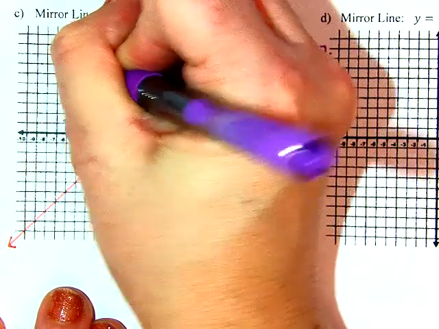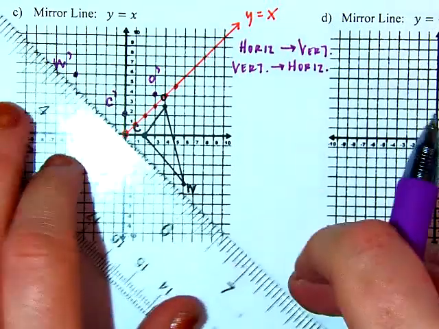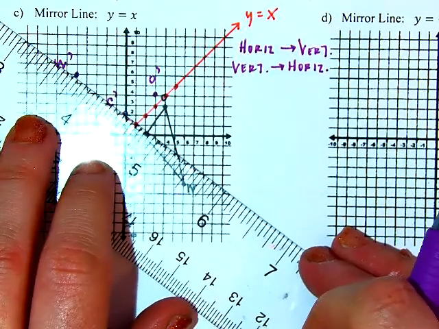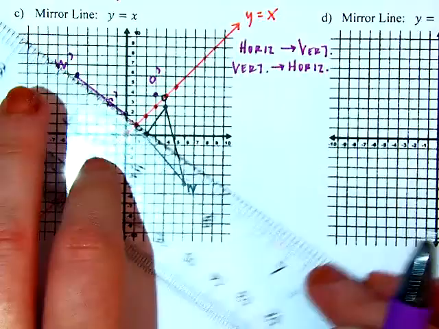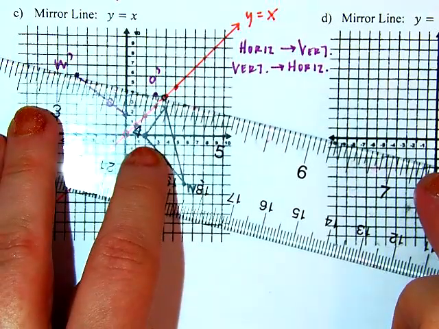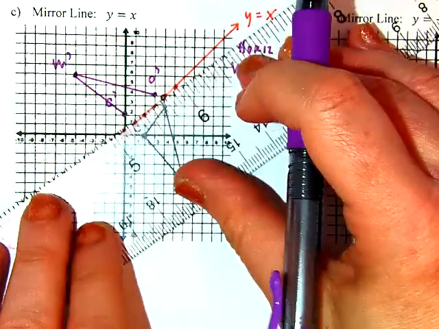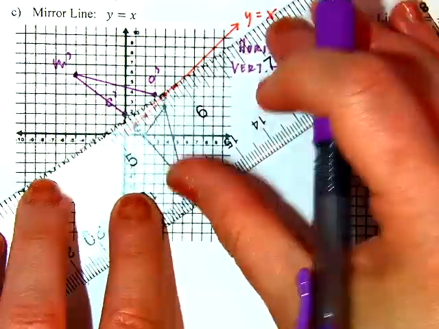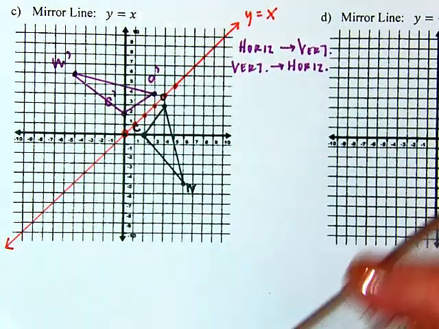W prime. All right, so then when I connect my dots, I want to see if this looks like a true reflection. Okay, and then that looks pretty good.